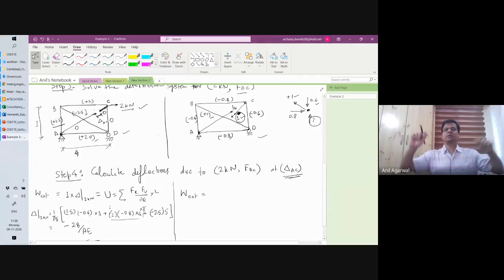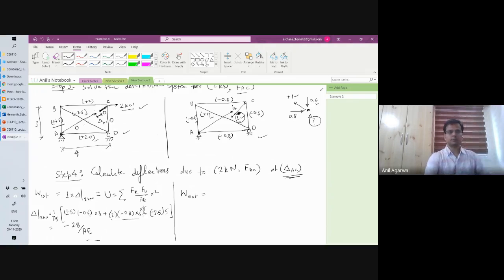The minus sign basically means that when we apply 2 kilonewton load laterally, the delta AC is separating, which is opposite of the direction of FAC that I had assumed. I had assumed an FAC direction where it was overlapping. So actual delta AC is opposite of that. That is, it is separation.